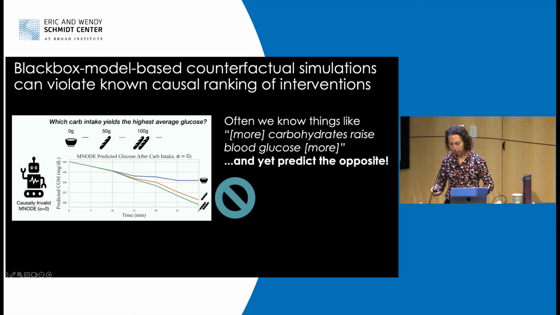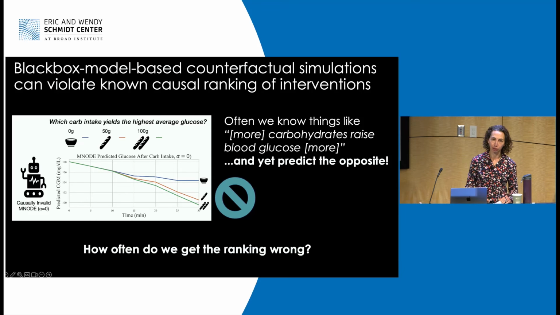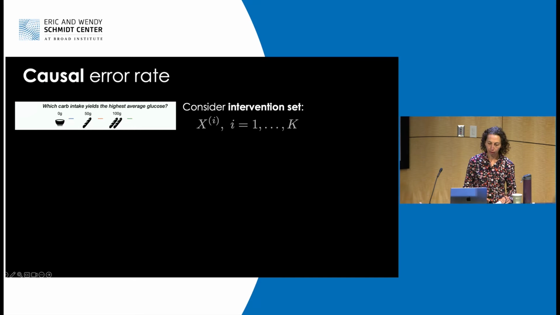And a question is, how often do our models get these rankings wrong? To study this, we're going to look at something we call causal error rate, where we define these intervention sets. It's just a set of interventions where we have domain knowledge about which intervention has the largest effect. For example, in this one, eating 100 grams of carbs would increase glucose most.